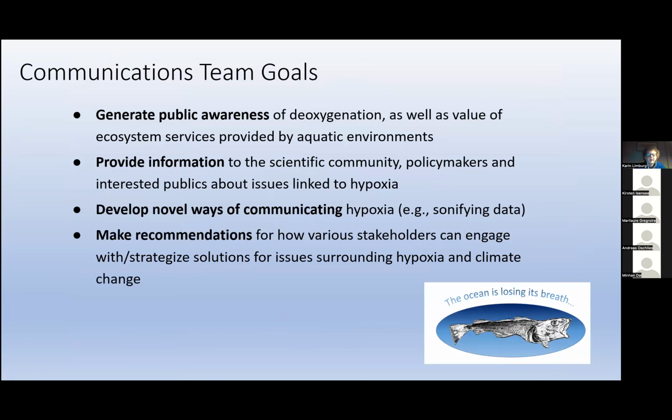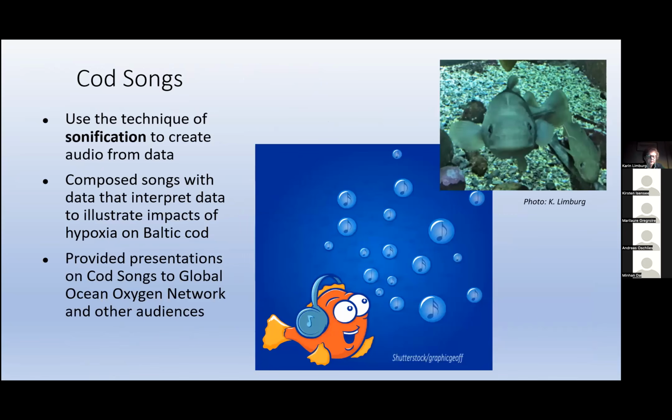And the main objectives are to generate public awareness of deoxygenation, to provide information, to translate that and develop novel ways of communicating about it, and also make recommendations for how stakeholders can engage and strategize solutions. So we'd love to reach out and connect with people about this.